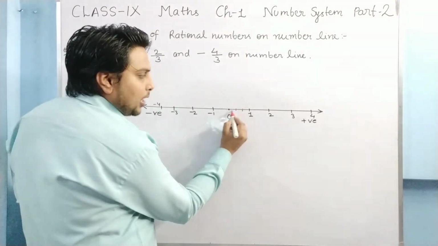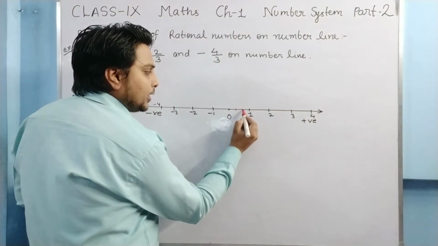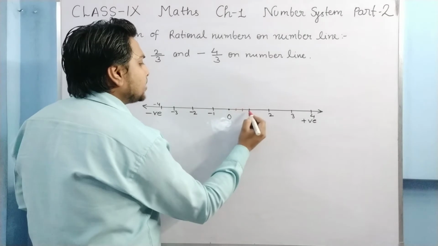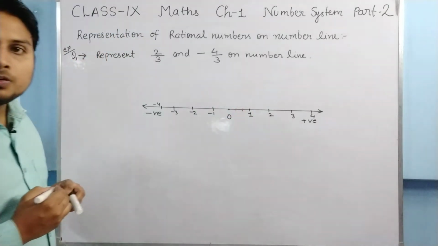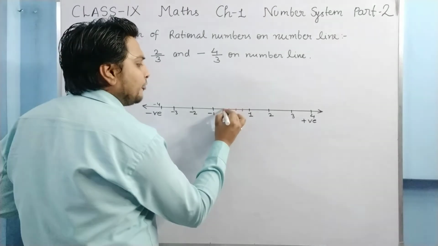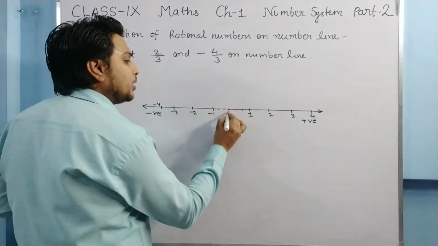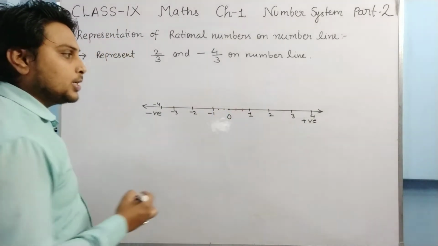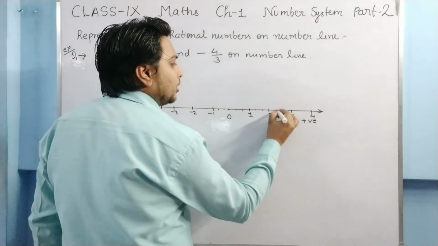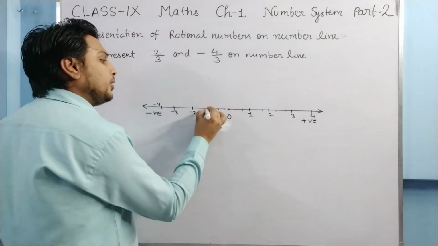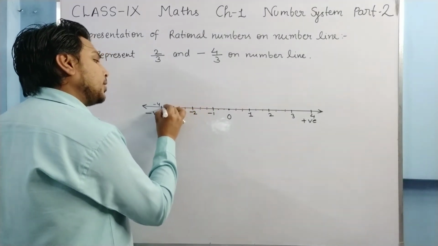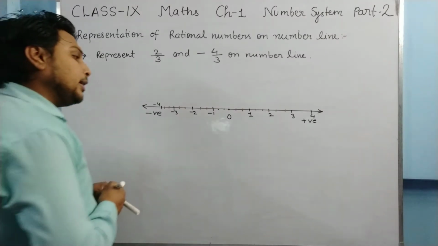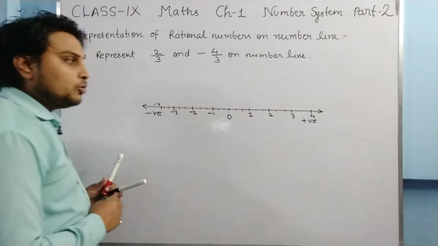Like if we mark 2 points in between 0 and 1, or in between any of the numbers, then the gap is divided into 3 equal parts. Like here also, if we mark 2 points between 0 and minus 1, the gap is divided into 3 equal parts. Like this we have to do for all the numbers.